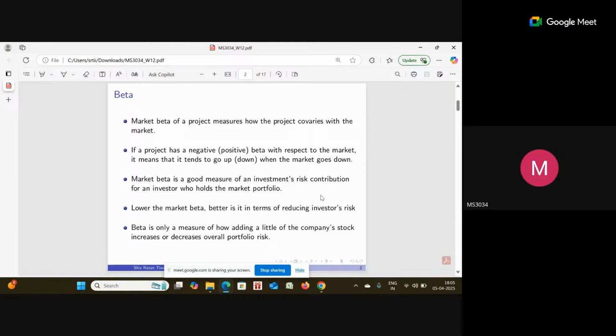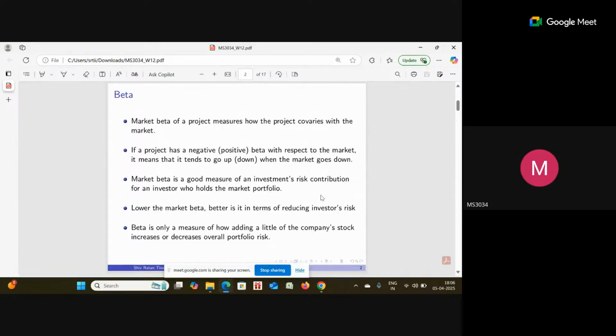So the market beta of a particular project measures how it co-varies with the market. And the basic assumption here is that you have full information regarding the market, whatever assets are available in the market, you have complete access to that.